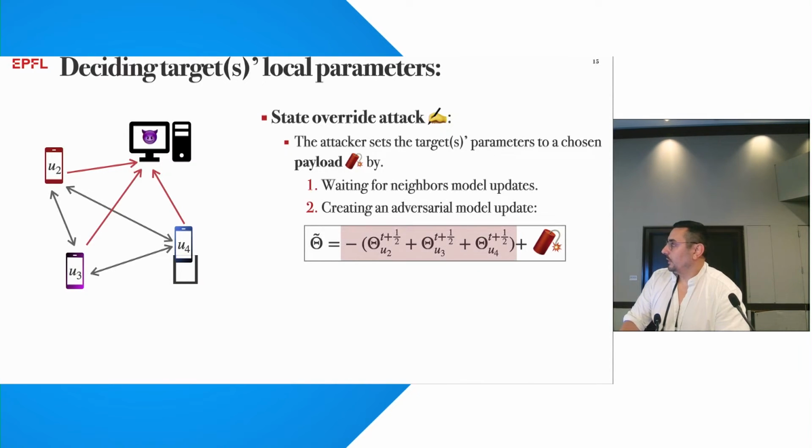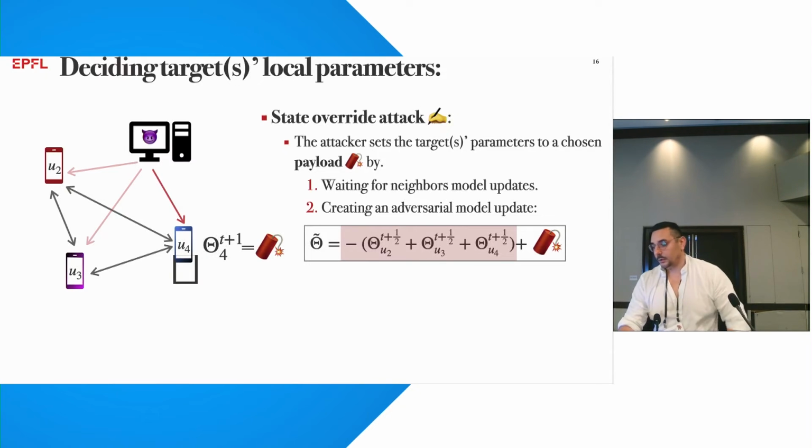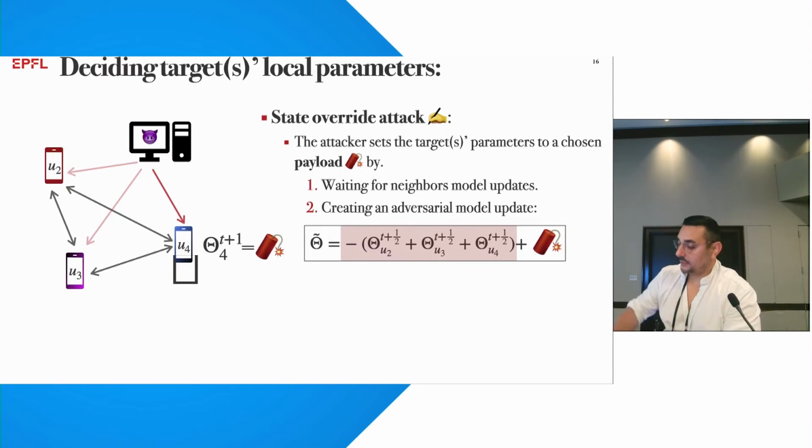Then, when the adversarial model update is ready, the server sends it to the target. And when the target uses it for the aggregation, essentially that aggregation results in the payload.